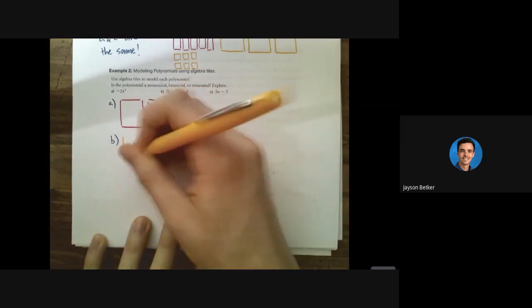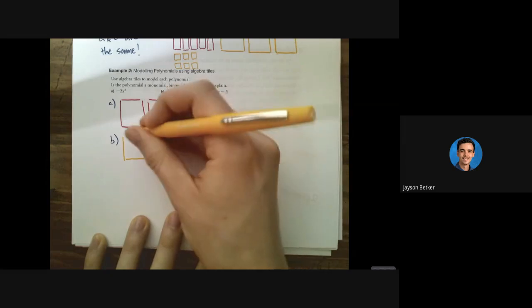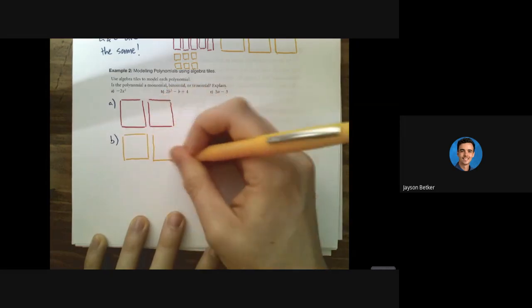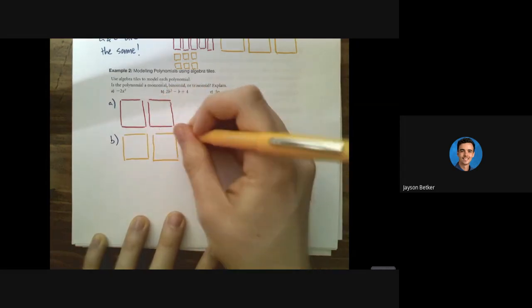Let's do B. B, I've got 2b squared. Immediately, I see it's a positive, so I get my yellow ready here. You don't have to use the same colors, just as long as you have 2 different colors to represent positives and negatives, and you're being consistent. The 2b squared, that means I have 2 of the positive ones. There's 1, and there's 2.